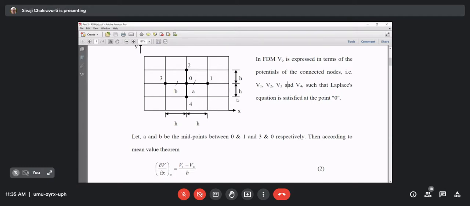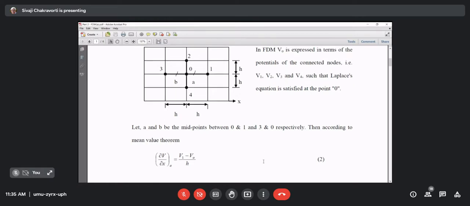Since the potential distribution is assumed to be linear, I can always write equation 2, that is del V del x at A can be written as V1 minus V0 by H. H is the nodal distance. Now why V1 minus V0 I have taken, not V0 minus V1? Reason is very simple, that 1 is in the increasing direction of x compared to 0.